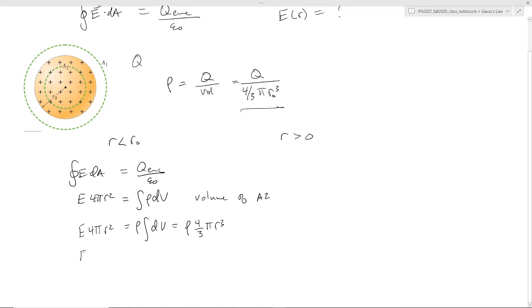So this is going to equal Q over 4/3 pi r naught cubed times 4/3 pi r cubed. Notice much of this stuff would cancel.